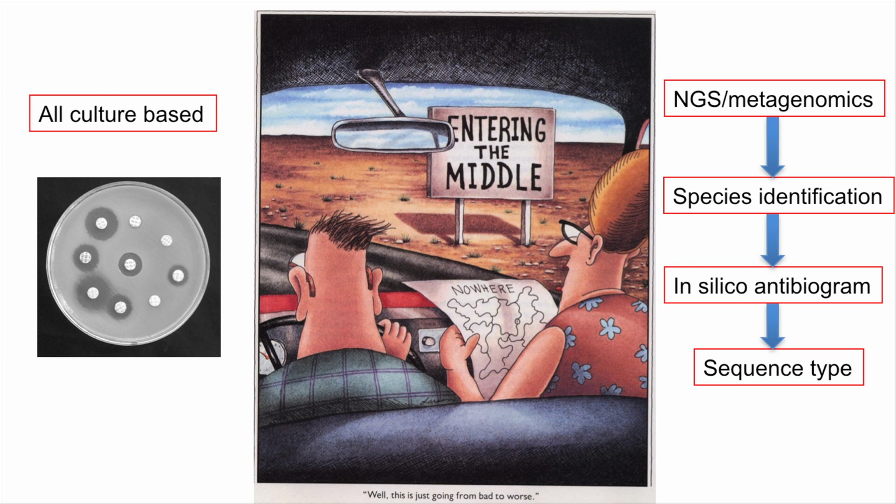Pull out the human reads, look at the microbial reads, and know all the organisms present, what resistance genes are present, even how those organisms are related to other organisms you've isolated in your hospital or region.